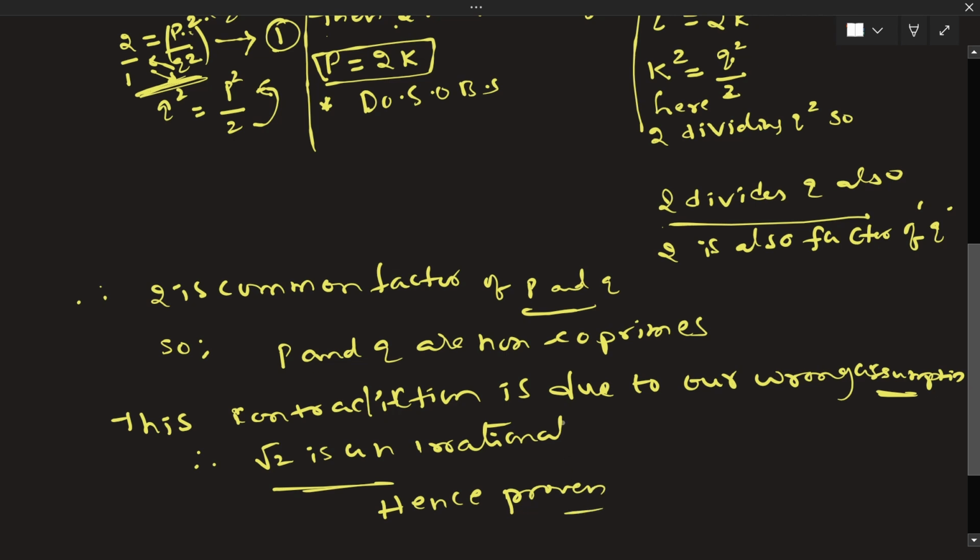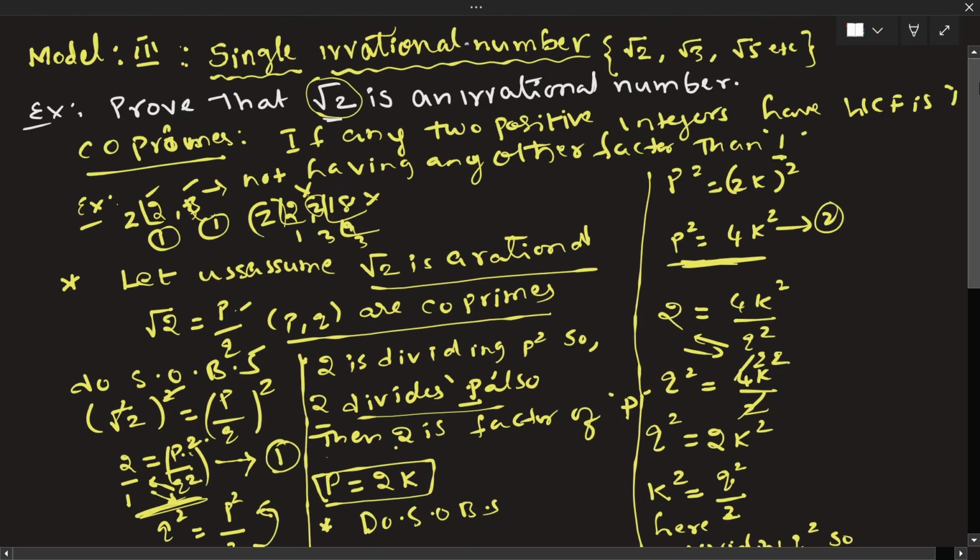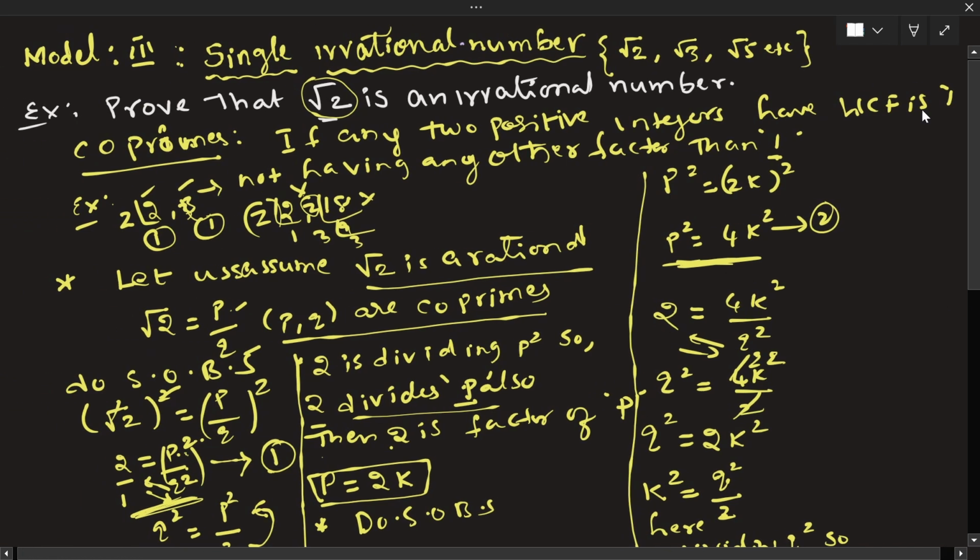Okay, we can observe that whenever we get a single irrational number, we have to follow the same contradiction method by assuming that the given number is not an irrational number, which means the given number is a rational number, and it is assumed to be p by q, where p and q are co-primes, it is a very important statement.